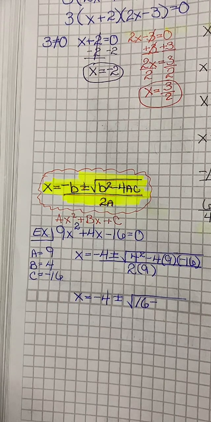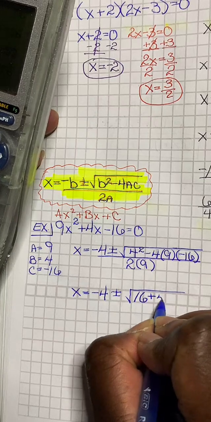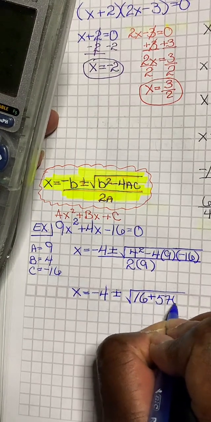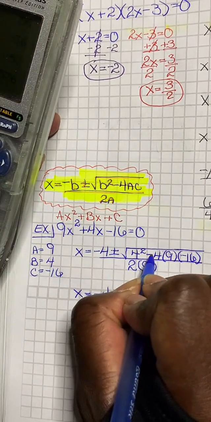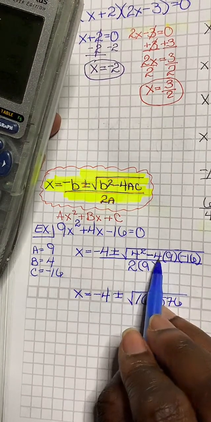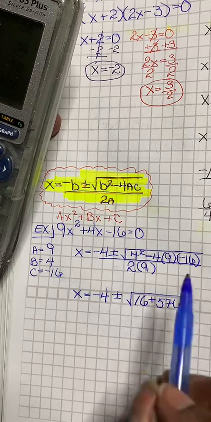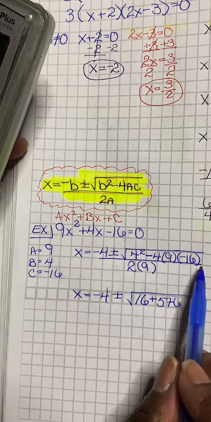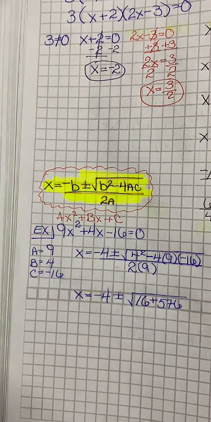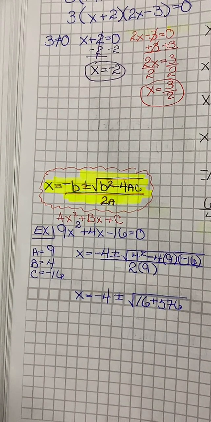Negative 36 times negative 16 will give me a positive 576. This minus in front of the 4 acts as a negative for just this 4, so a negative times a negative will give me a positive. So 4 times 9 gives me 36, and 36 times 16 gives me 576. Now, let's add that.